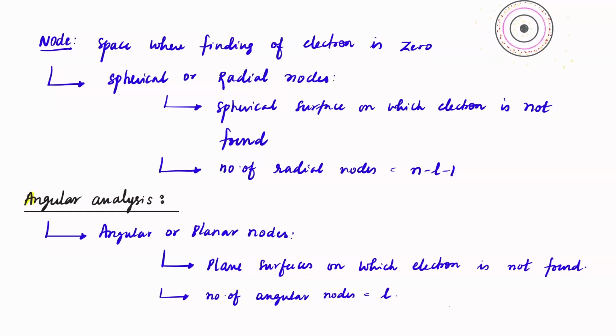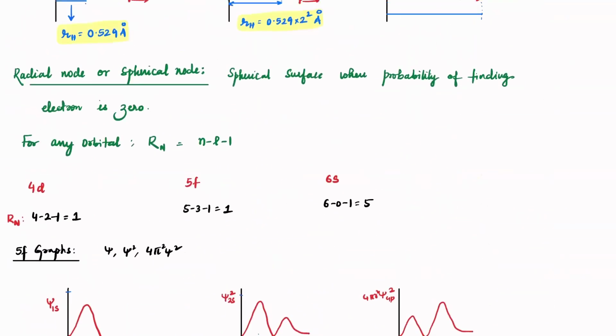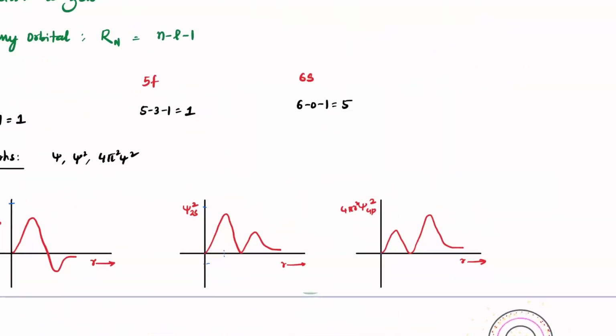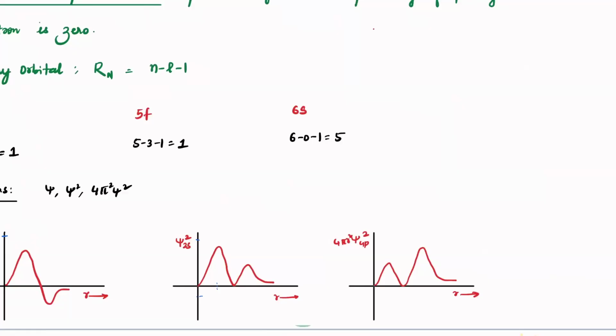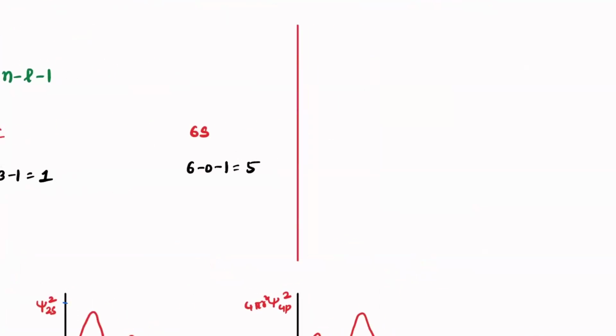Now, what is the terminology that we use here? What exactly do psi and psi square mean? Do we have to go into detail about it? Honestly, no. You just need to know the idea. If it is psi of, let's say, r, that represents the radial wave function of electron.